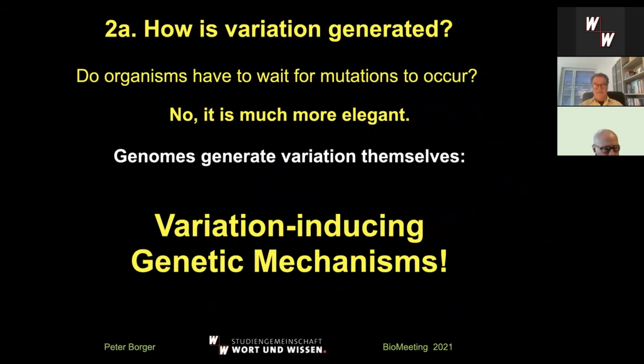So how is variation generated? Do organisms have to wait for mutations to occur? No, I think it is much more elegant. And in the meantime, I think this has been shown beyond any doubt in many papers in the literature that genomes generate variation themselves. They have variation-inducing genetic mechanisms.